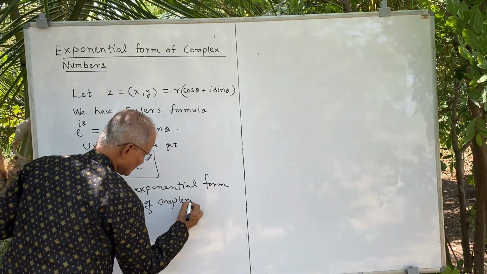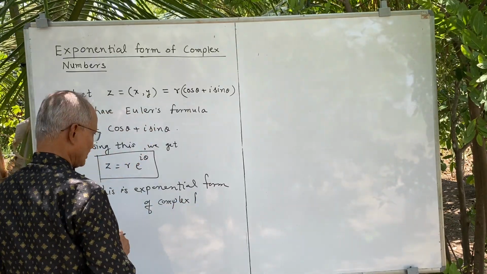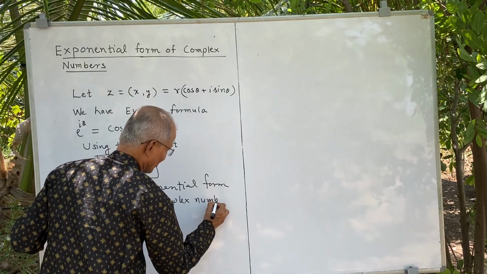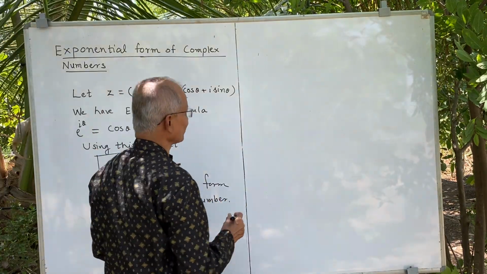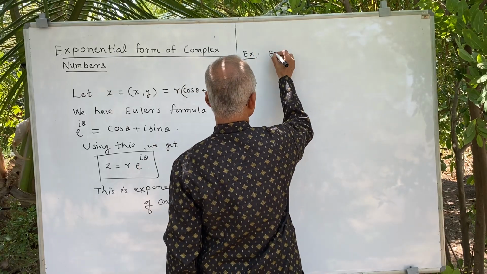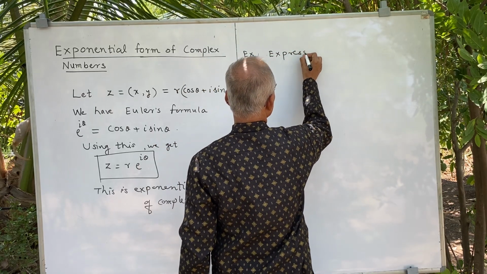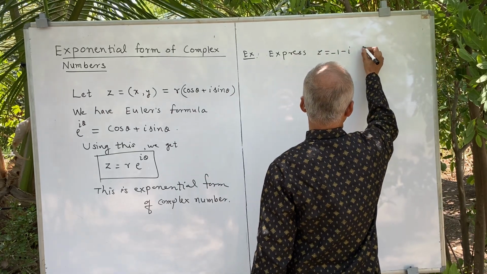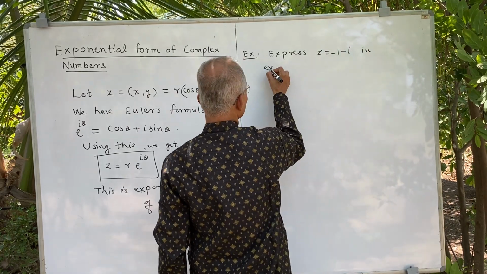Now, we shall have an example of how to express a complex number in exponential form. For example, express the complex number z equal to minus 1 minus i in exponential form.